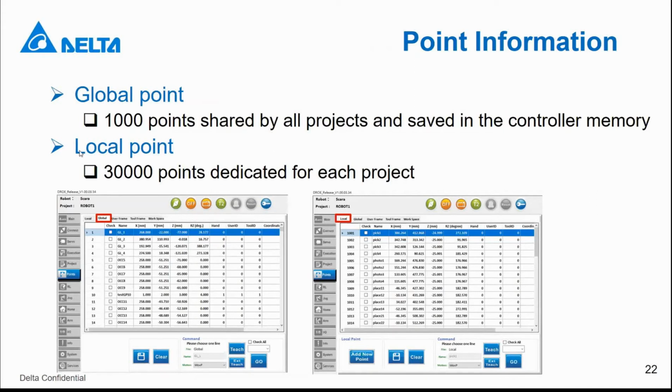And the other one, the local point, can store up to 30,000 points. It's a lot more, but these points are only stored in the project, meaning only the project itself can read these points.